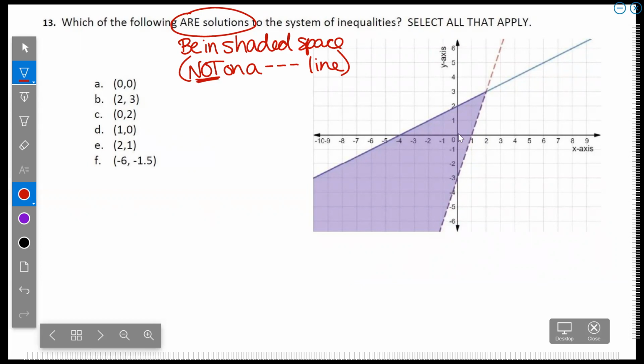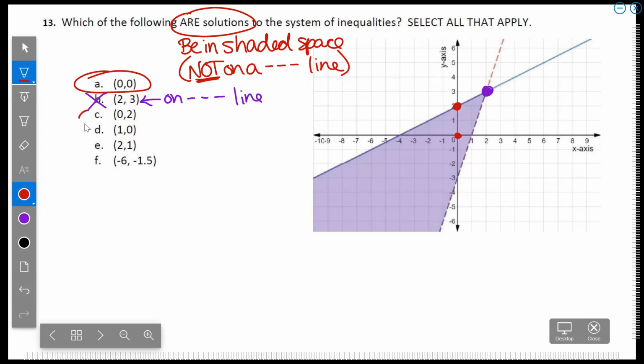So 0, 0, would that count as a solution? Yes. 2, 3, right here. Would that one be a solution? No, why not? On a dashed line. Zero, 2. Let's go look at that one. Is that one a solution?